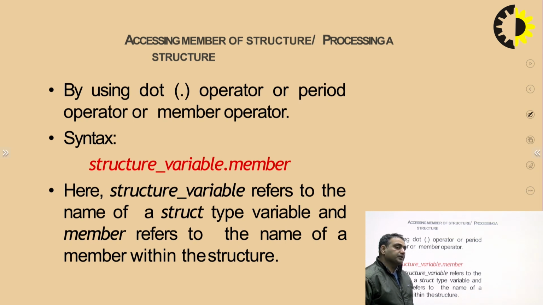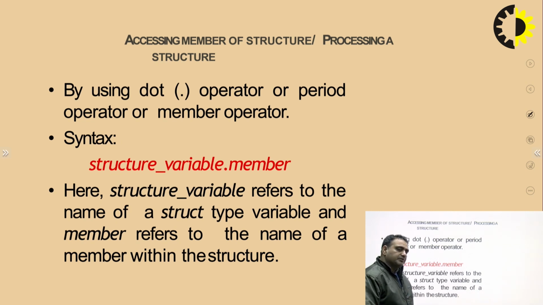In the arrow operator we use pointers as a reference, and in the dot operator we only use the structure variables and the corresponding structure member elements.